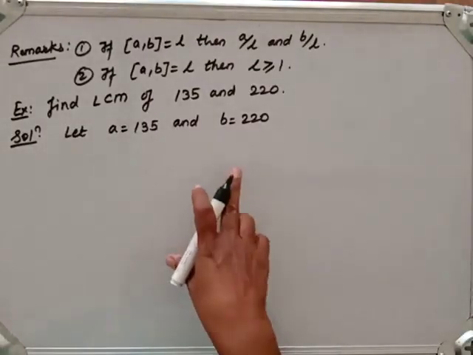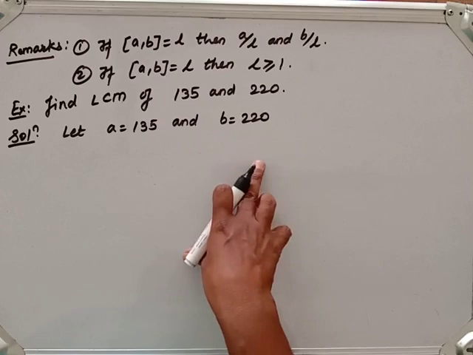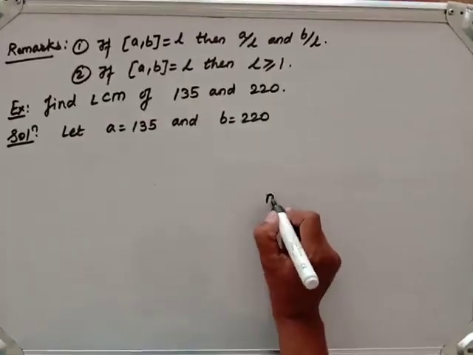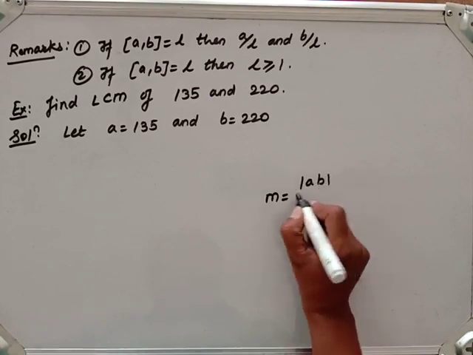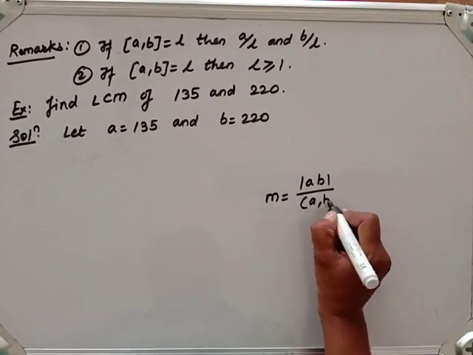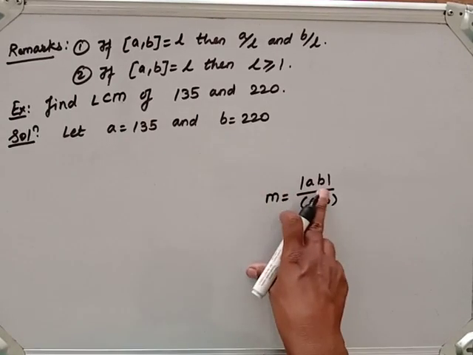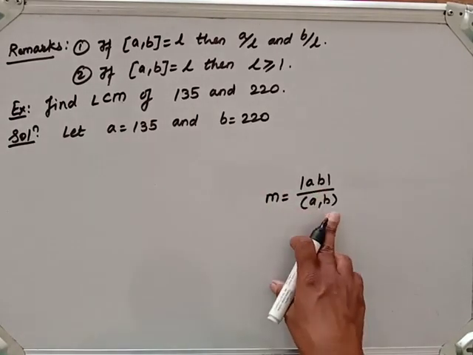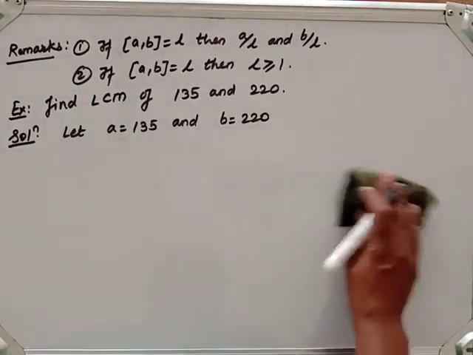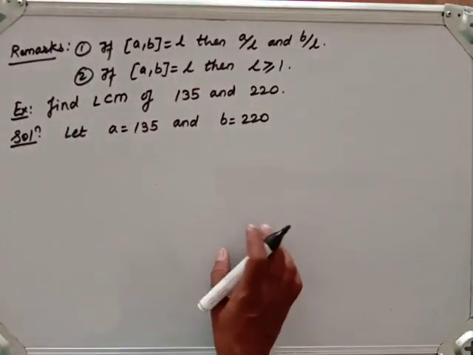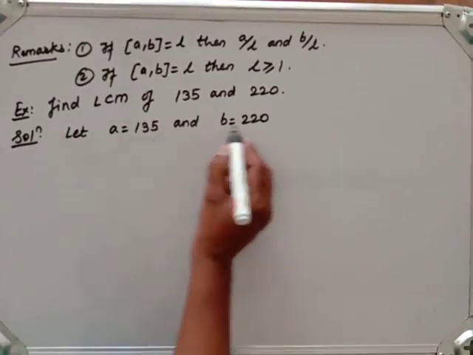We have just seen that theorem, and we are using it to find LCM here. It means that if M is the LCM, then it is the product of A and B upon the GCD of A and B. So first of all we will find the GCD and later take the product of them and divide it by the GCD. That will be our LCM. It is a relationship between integers, their GCD and the LCM of them.